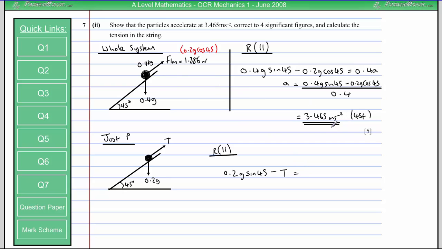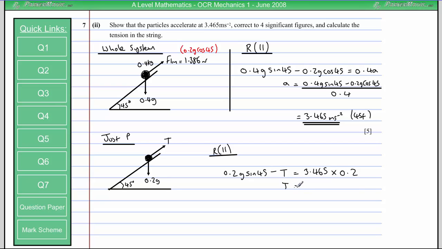Well, if the whole system is moving with an acceleration of 3.465, that means particle P must also be moving with that same acceleration, so we can say 3.465 multiplied by the mass, which is 0.2 kilograms. Remember, we've already got this 3.465 calculated to a higher precision in our calculator, so we may as well use that.